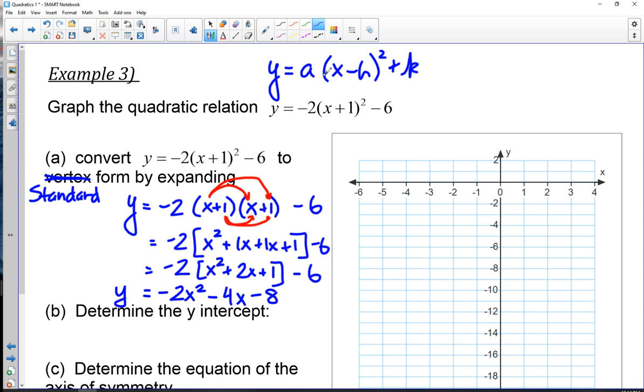So from vertex form, we converted this quadratic into standard form. And taking a look at standard form, we can see that the c value is negative 8. So our y-intercept is equal to negative 8.